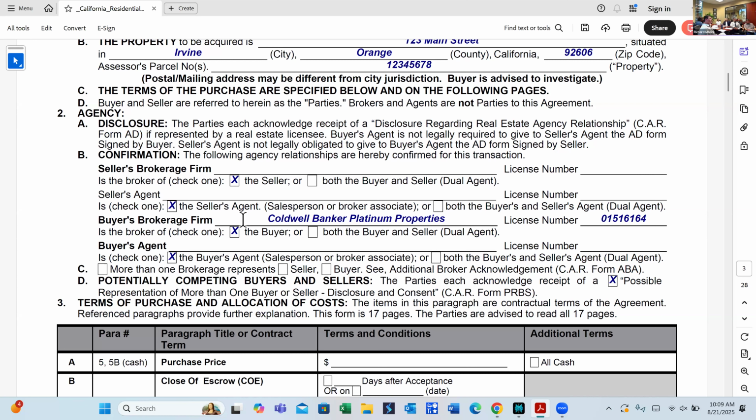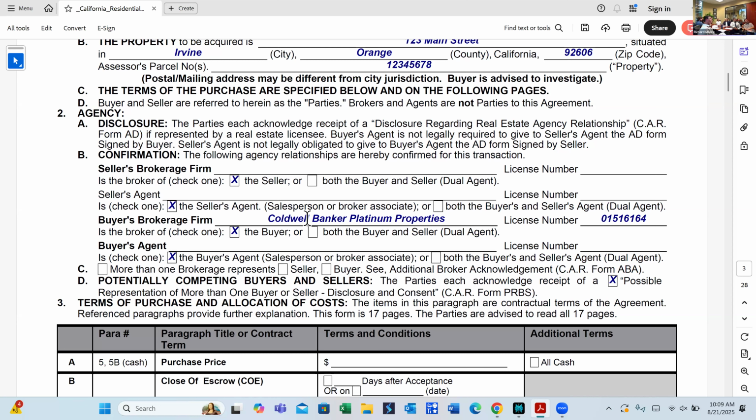Now, in the event the buyer's agent and the listing agent fall within the same brokerage, it is considered to be dual agency, even though it's not the same individual who's representing the buyer and or seller. So if it were somebody that you work with out of this office, we would check the box under section 2B, under the seller's brokerage firm, both the buyer and seller's dual agents.